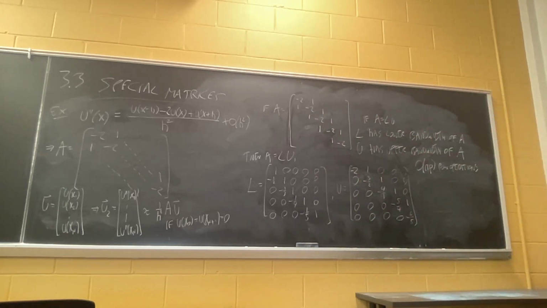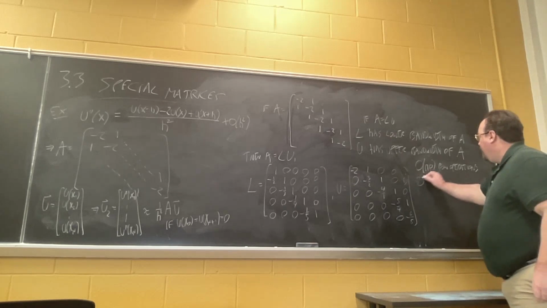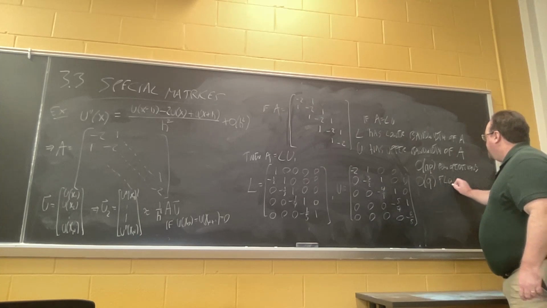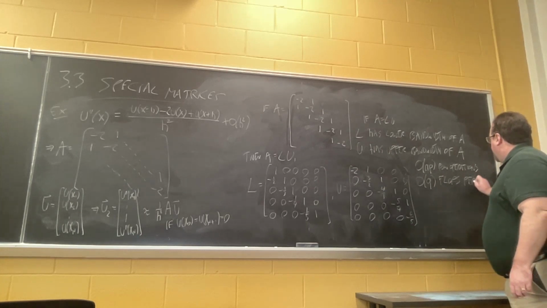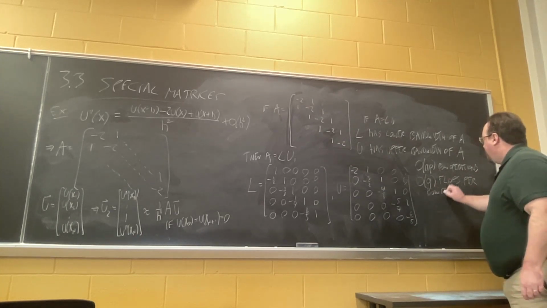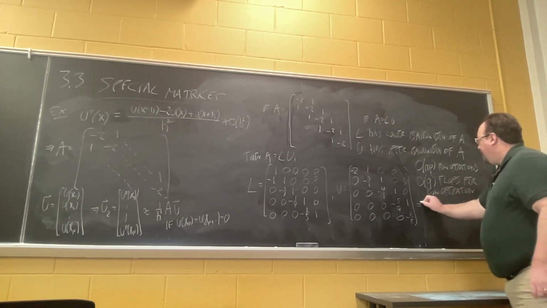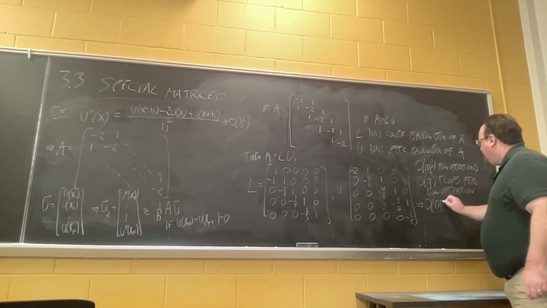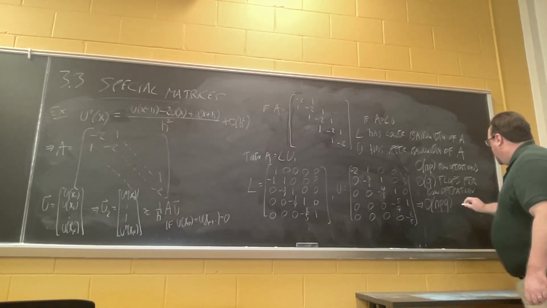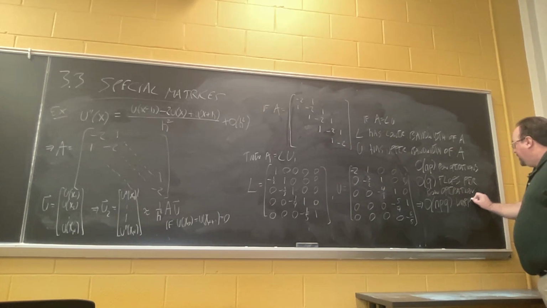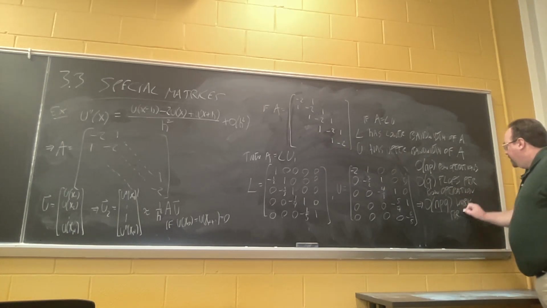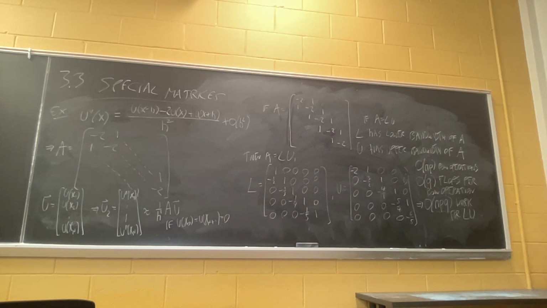So in each row operation, you're going to touch at most q entries, so the order of q flops, or floating point operations, per row operation. So the total amount of work is order n times p times q for Gaussian elimination or LU decomposition.